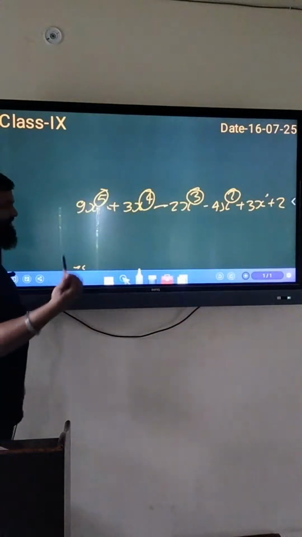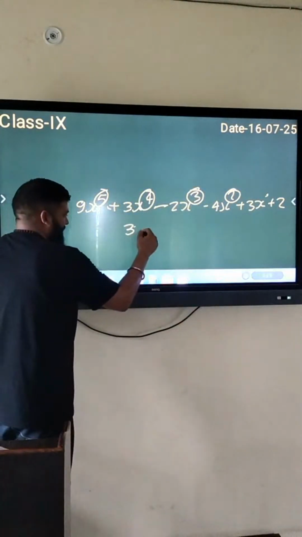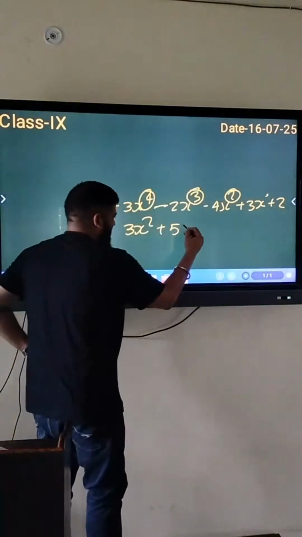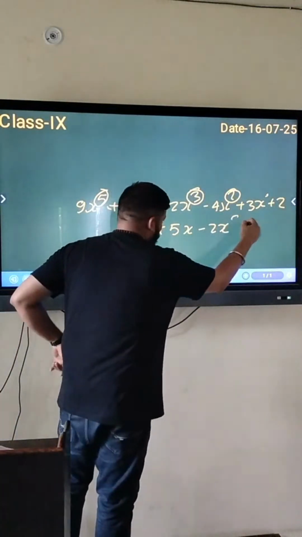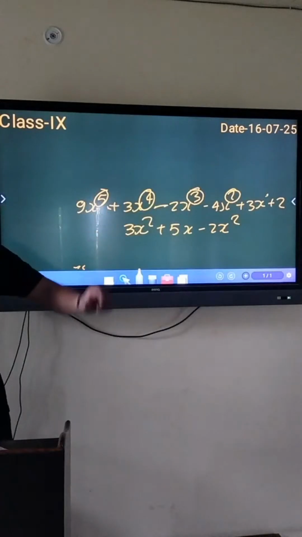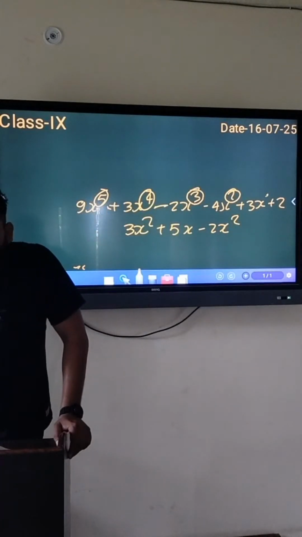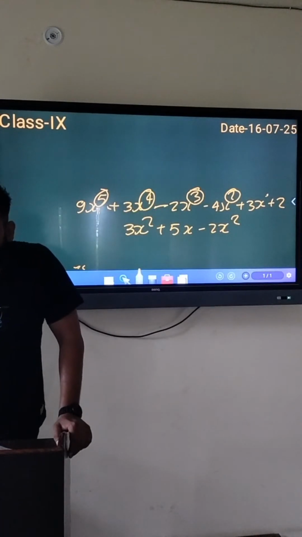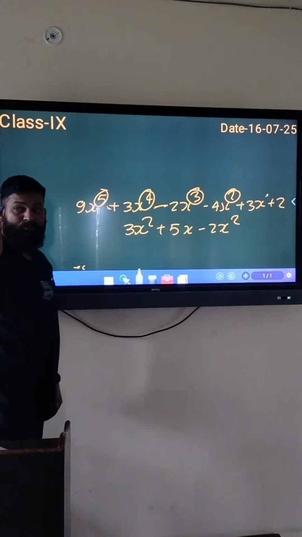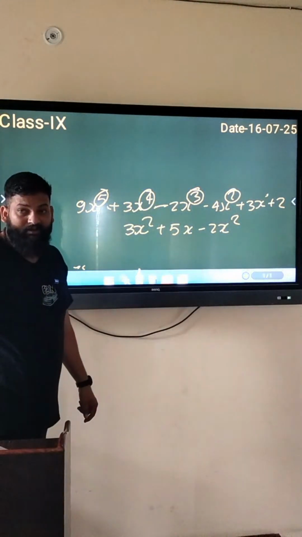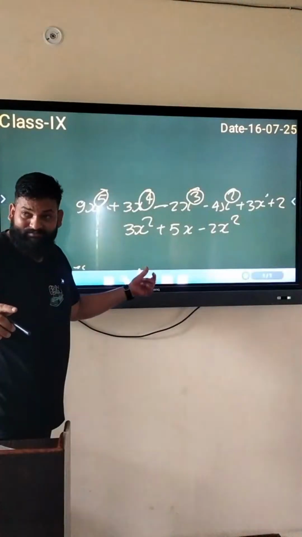Now the next condition can be raised. 3x square plus 5x minus 2x square. Now how many terms are there? Not 3 terms. Why? Because first of all, you have to check: is there any like terms?